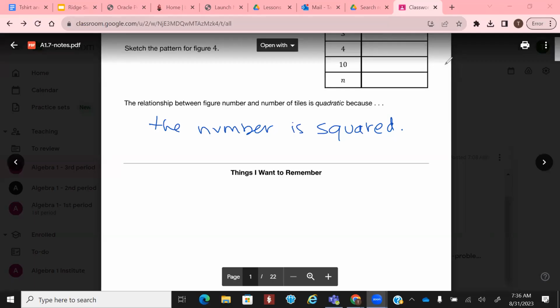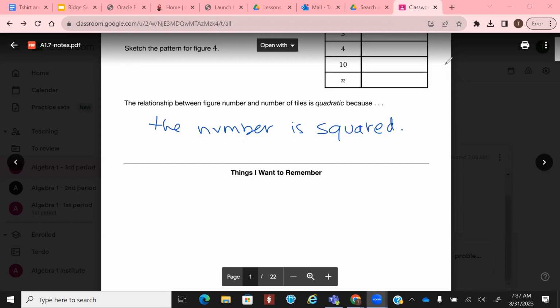So what are some things we want to remember from this? Anything specific that sticks out to you? Things we want to remember from that.